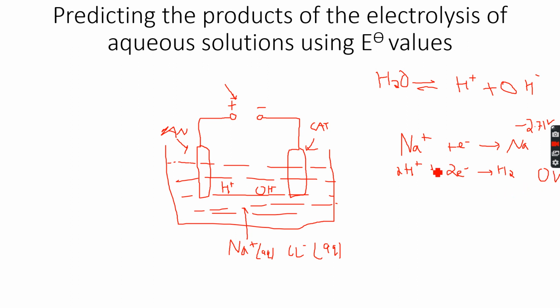So if you see, H plus ions have a stronger drive to form H2 than sodium ions have to form Na, because this negative value means that this change from sodium ions to sodium is not feasible, and since the change from H plus to H2 is more positive than the change from Na plus to Na, this reaction is more feasible. So instead of Na plus ions, H plus ions will move to the cathode and H2 gas will be formed.